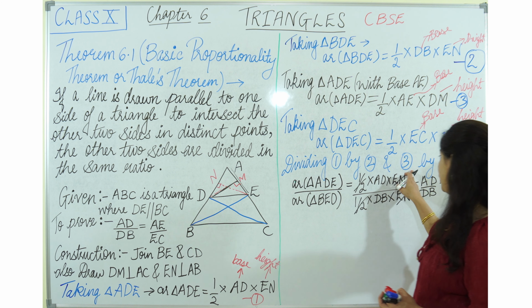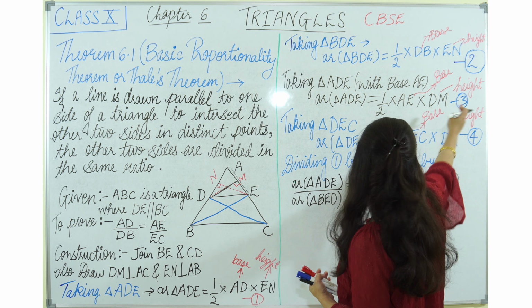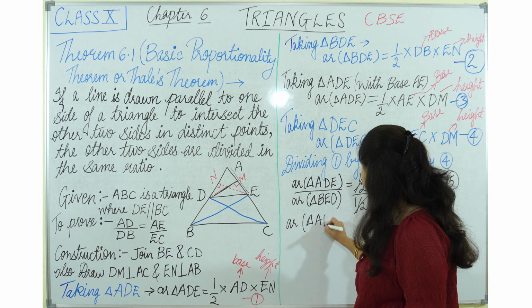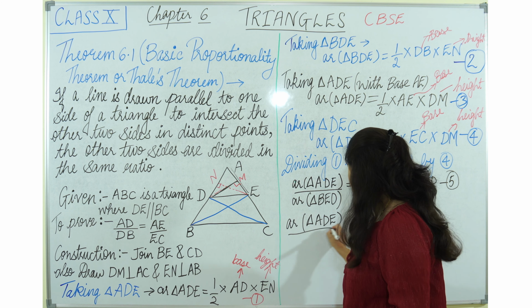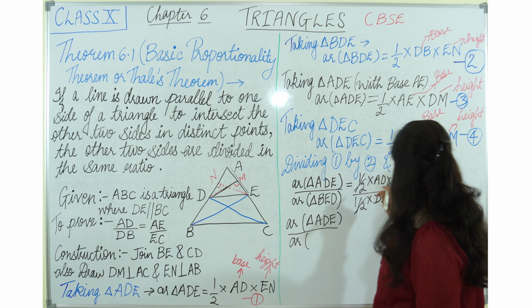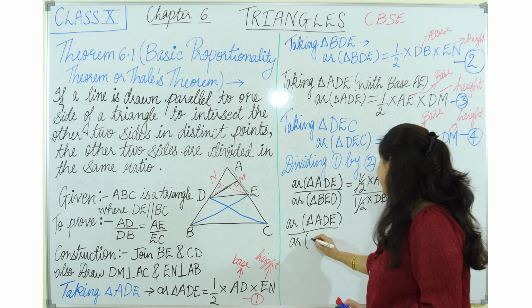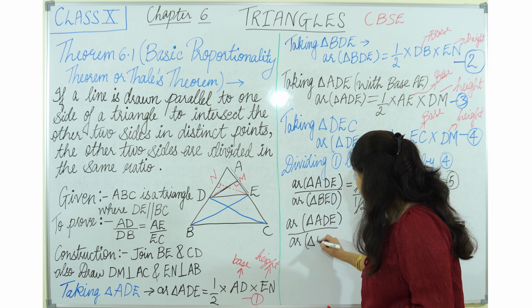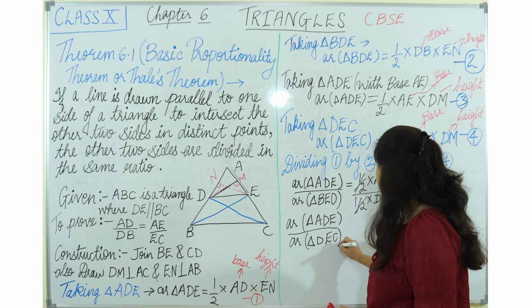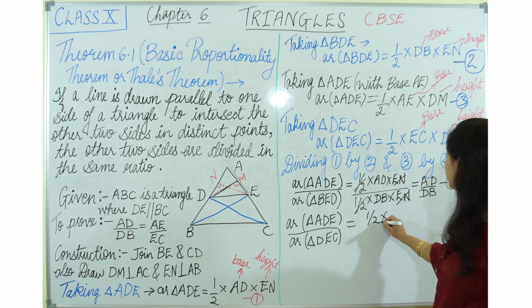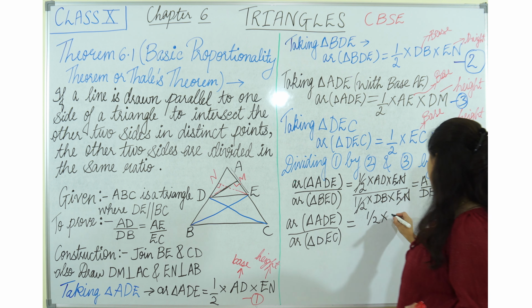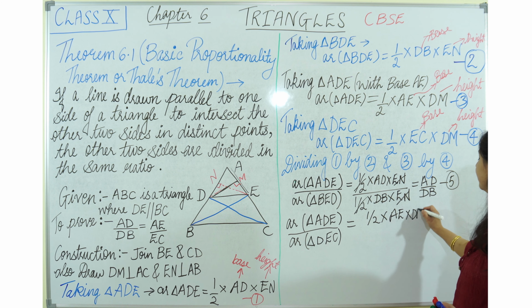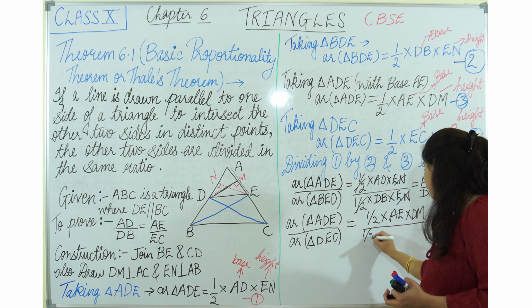Now dividing equation 3 by 4. So equation 3 is area of triangle ADE upon area of triangle DEC. So it will be equal to half base AE and the height DM upon half.